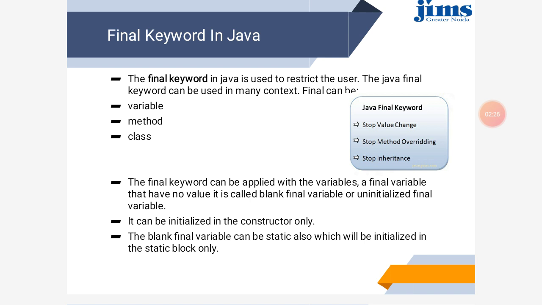In that case, we take the help of the constructor. It can be initialized in the constructor only. Once you have not initialized a variable while declaring, only the constructor can help in initializing the value.